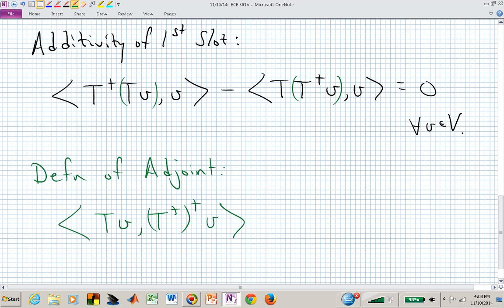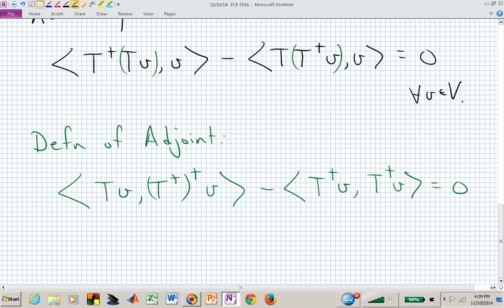That's the same scalar that's in the top line, in the second line, with the first term in that expression. Likewise, for the next one, we have T dagger V, and now we simply take the adjoint of T dagger in the second slot, and all of that is again equal to 0.